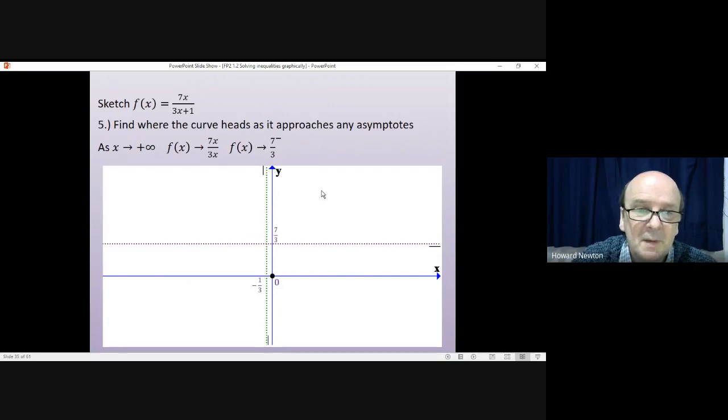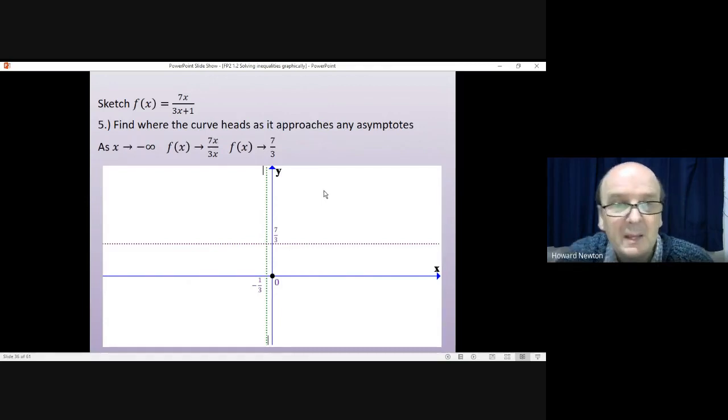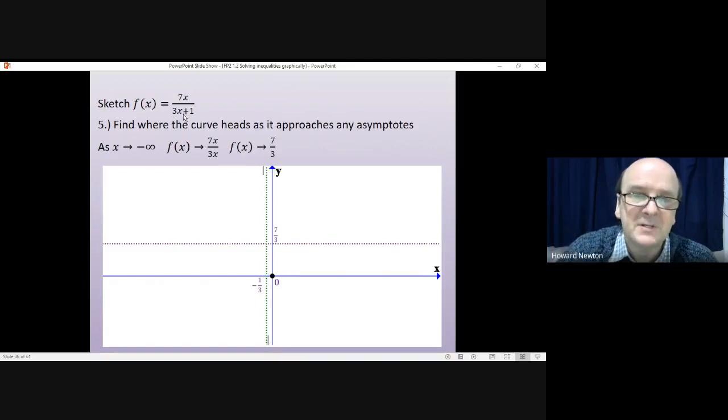We'll do the same thing for minus infinity. Now, if you have minus a very large number and you add 1 to it, it'll become a bit smaller, which means rather than tending towards 7/3, you'll actually have something which is a little bit bigger than 7/3. Again, if you're not sure that this is true, just try with real numbers and check.